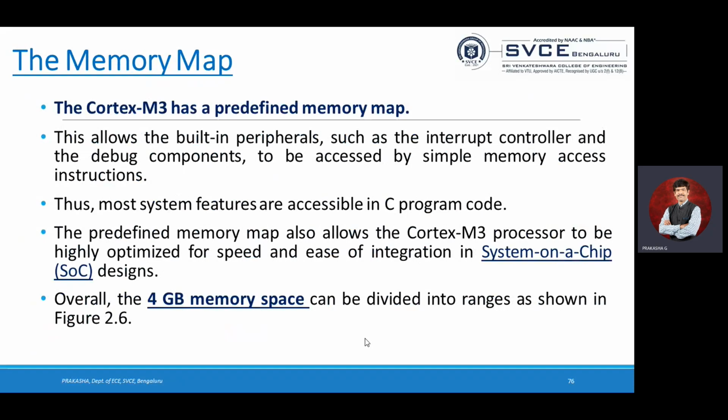So let us see one by one how exactly the existing memory of 4 GB is mapped inside your Cortex M3. This allows the built-in peripherals. We already know that in the ARM Cortex M3 architecture some peripherals are already built in. Some peripherals we connect externally, but some are all built in.